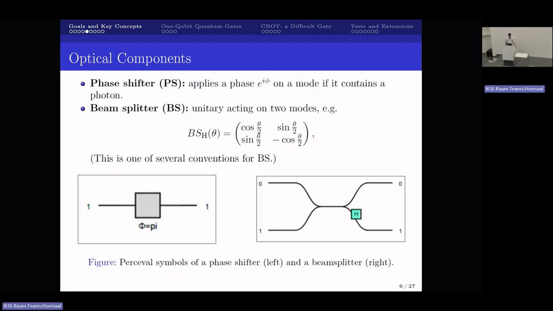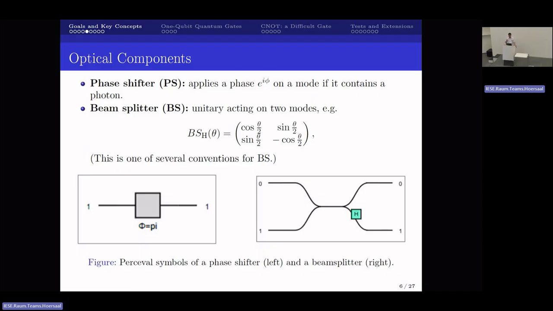Then there is the beam splitter, and it has a unitary action onto Fock states, and there's the matrix of the application of a beam splitter. This matrix looks a lot like H, because if you input pi over 2, then you instantly get the H matrix.